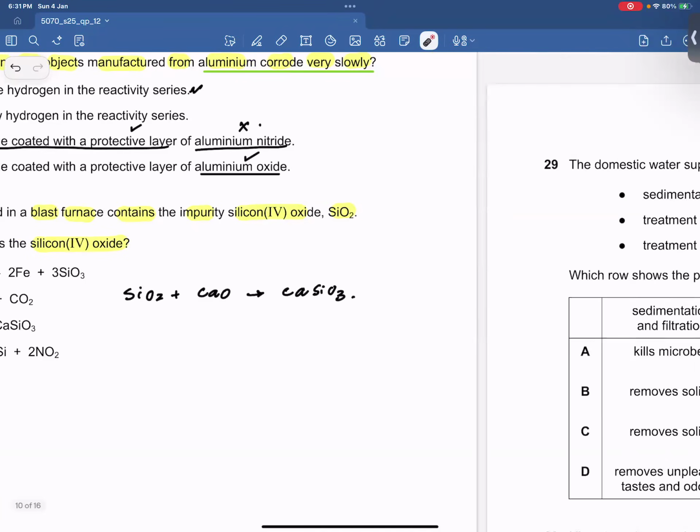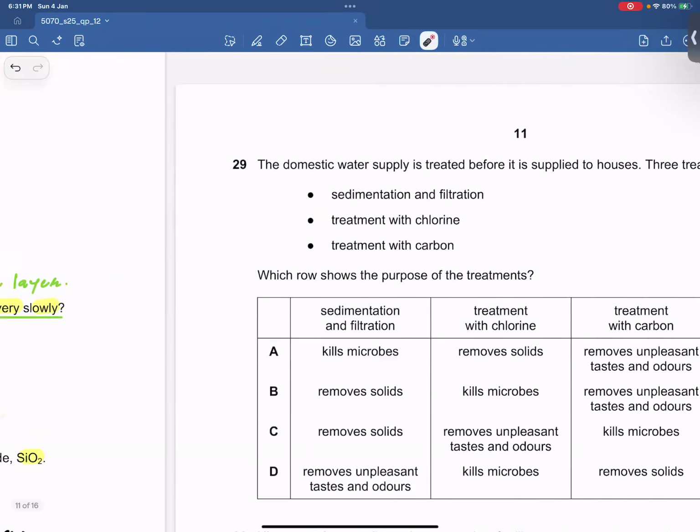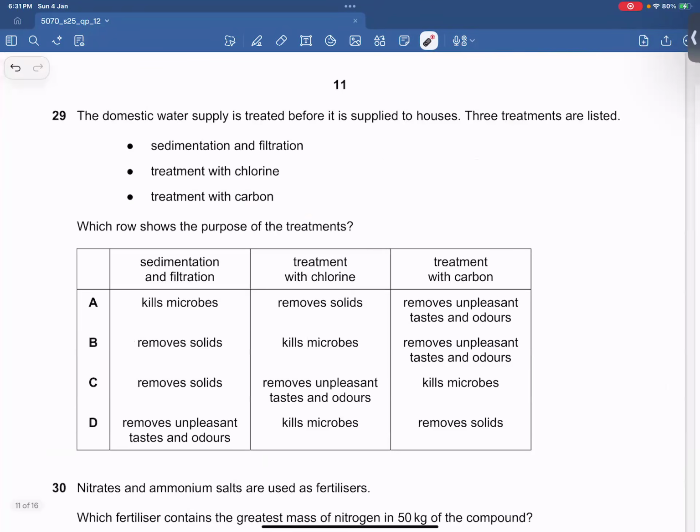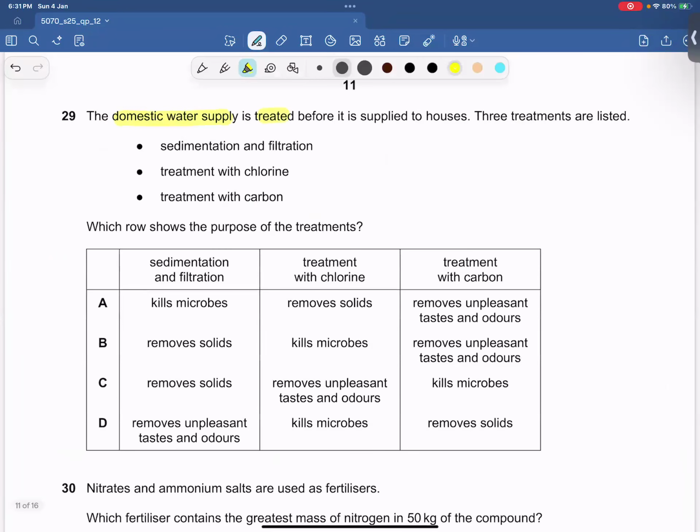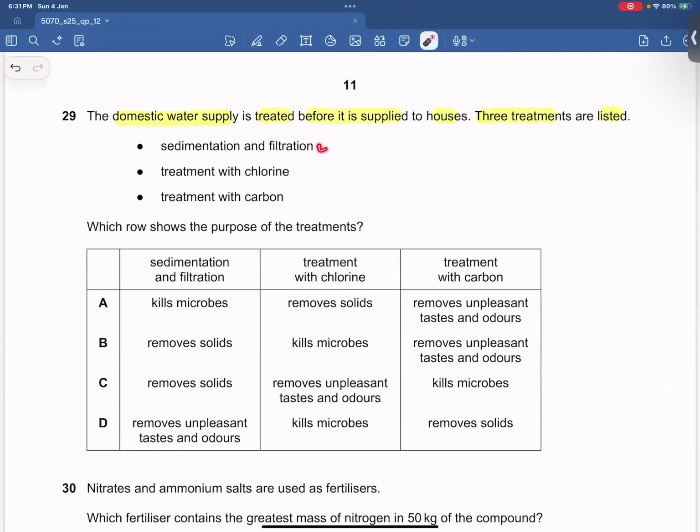Let's move on to question number 29. The domestic water supply is treated before it is supplied to houses. Three treatments are listed: sedimentation and filtration removes solids. Sedimentation and filtration kill microbes, not at all.